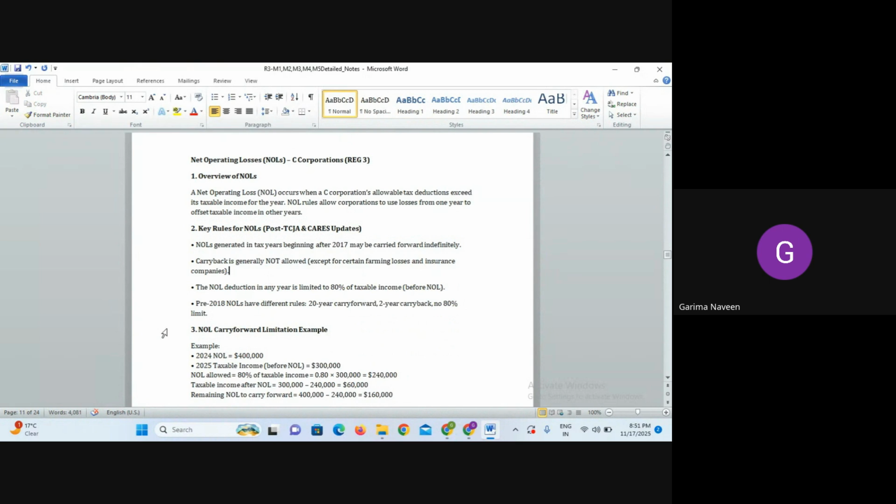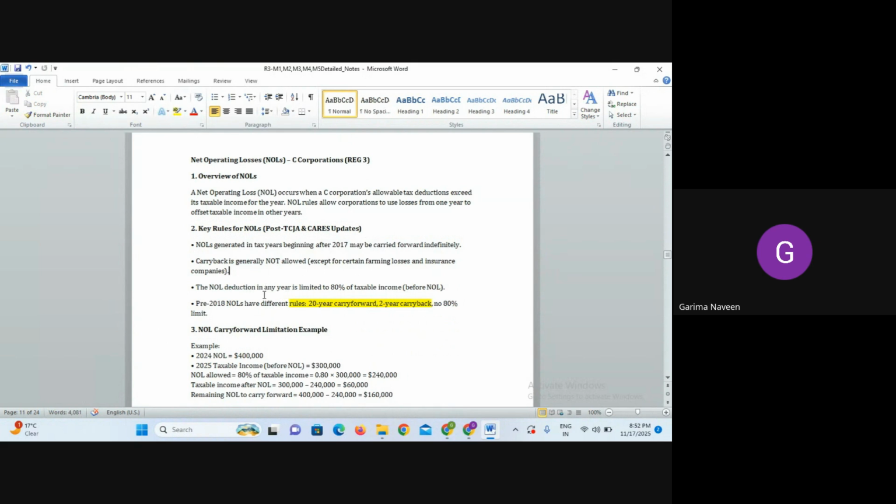Earlier, before 2017, if you had net operating losses, they could be carried back for 2 years and carried forward for 20 years. But now the rules say that you can carry forward indefinitely but can't carry back.